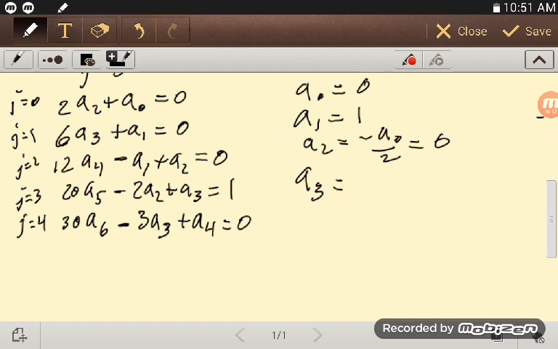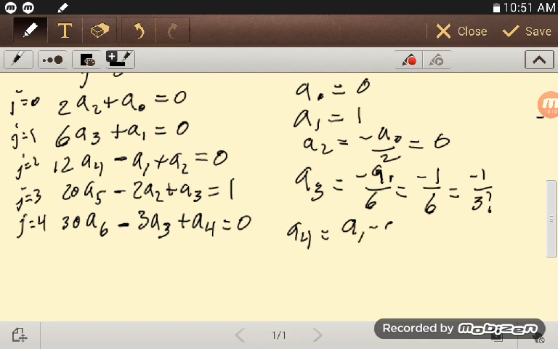A3 is equal to minus A1 over 6. Oops, A1 over 6. Well, that's minus 1/6, or it might be helpful to write that as 3 factorial. We'll see. A4 is equal to A1 minus A2 over 12.